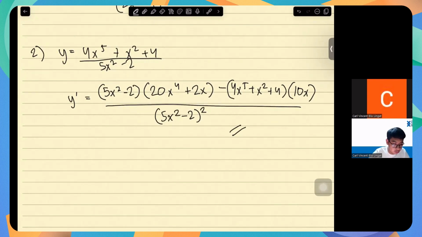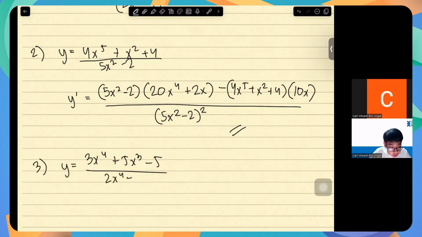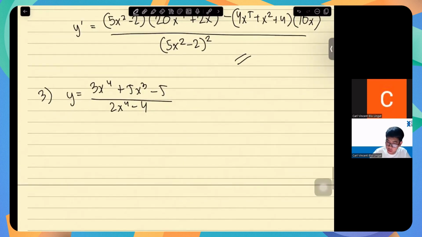Now, let's move on to our next problem, number 3. y equals 3x raised to 4 plus 5x cubed minus 5 over 2x raised to 4 minus 4. Again, low d high minus high d low over low squared.